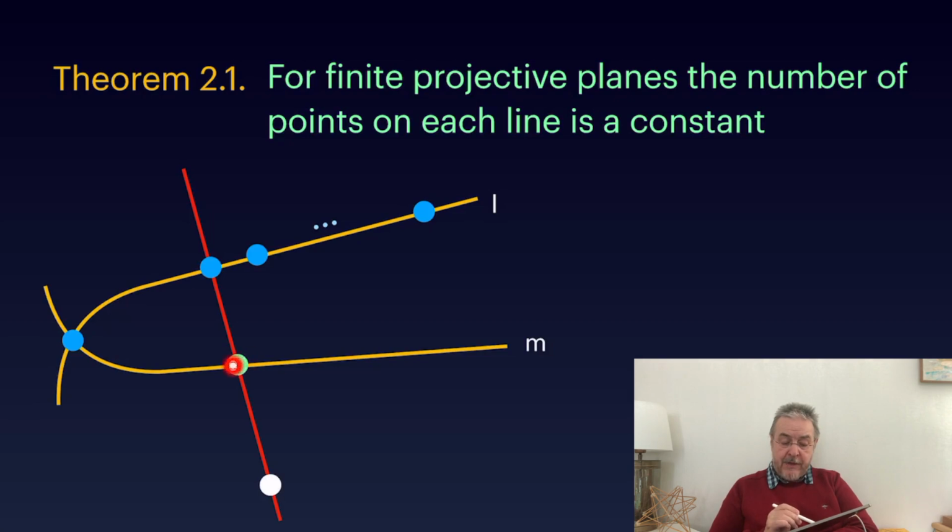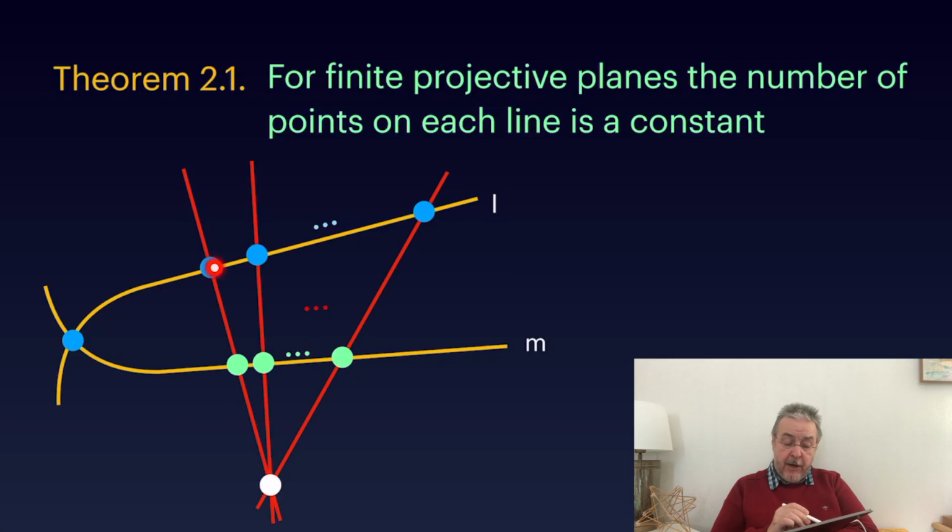One of those points I can draw safely at line M, and this cannot be the same as here because then we would get a forbidden substructure, because M and the red line must have one point in common. But then there must be one more point here, and by axiom 1, we can connect this point here to each of the other points on L. And now by axiom 2, each of those lines can be intersected with line M, and we get a number of points here.